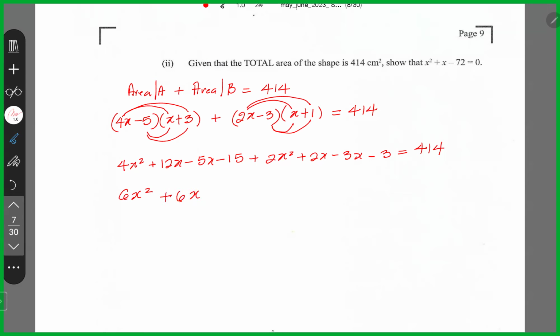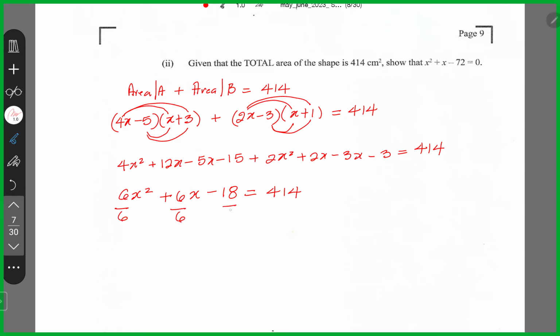So that takes care of the x's. And we have minus 15 minus 3 is minus 18. And this is equal to 414. So looking at this, it appears as if the entire equation can be divided by 6.